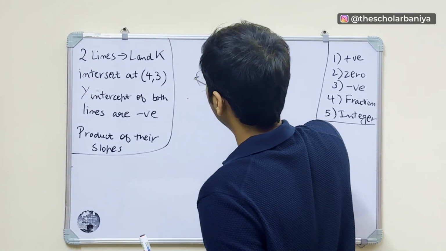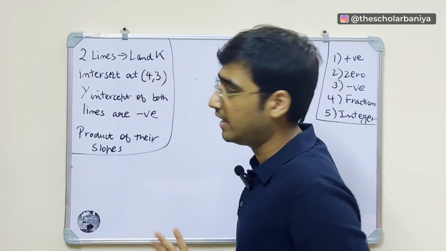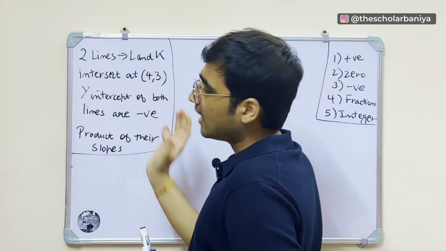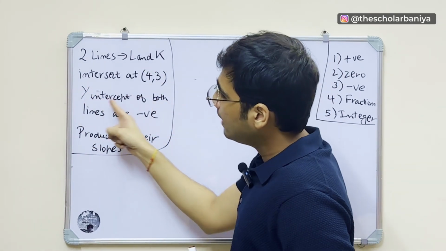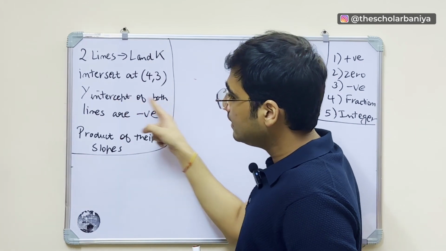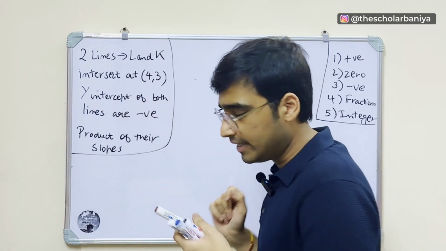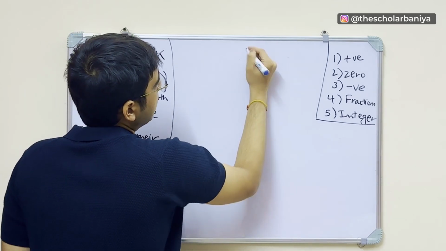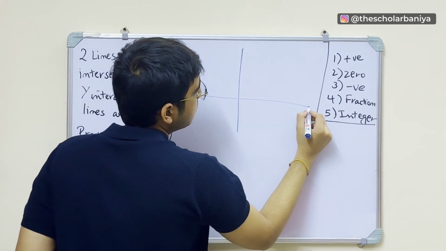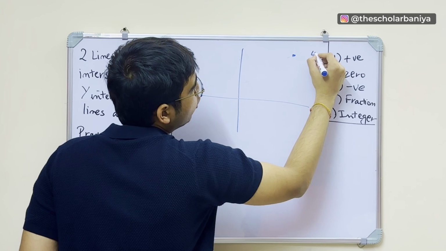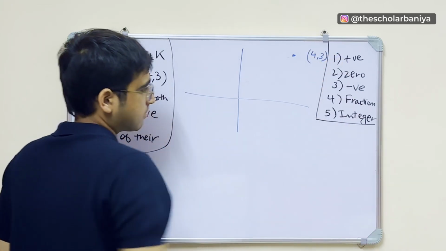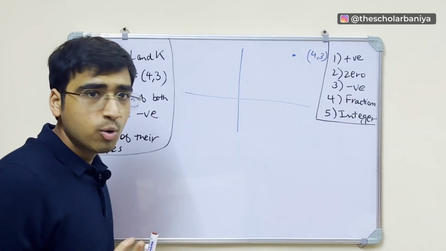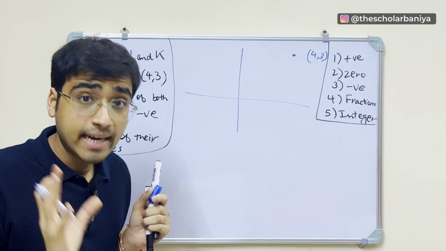Okay. Now in the question, we are given that there are two lines L and K which intersect at (4, 3), and both the lines have negative y-intercept, right? That means, for example, if this is the axis, this is the point (4, 3), and we know that the y-intercept of the line is negative.